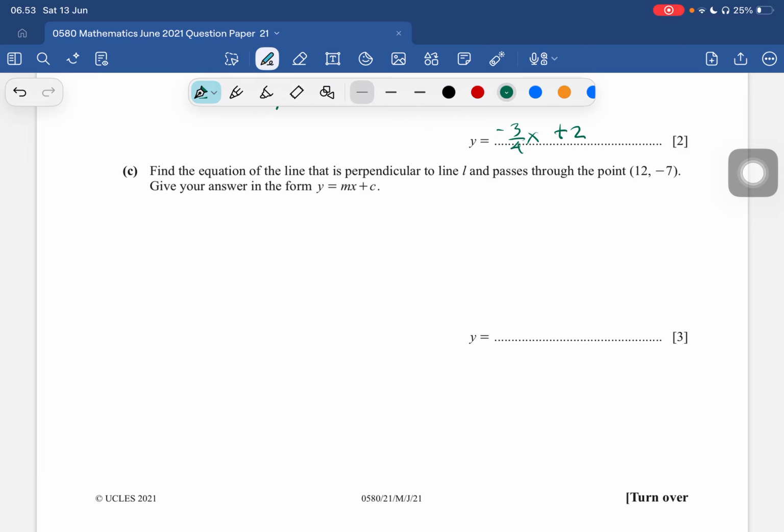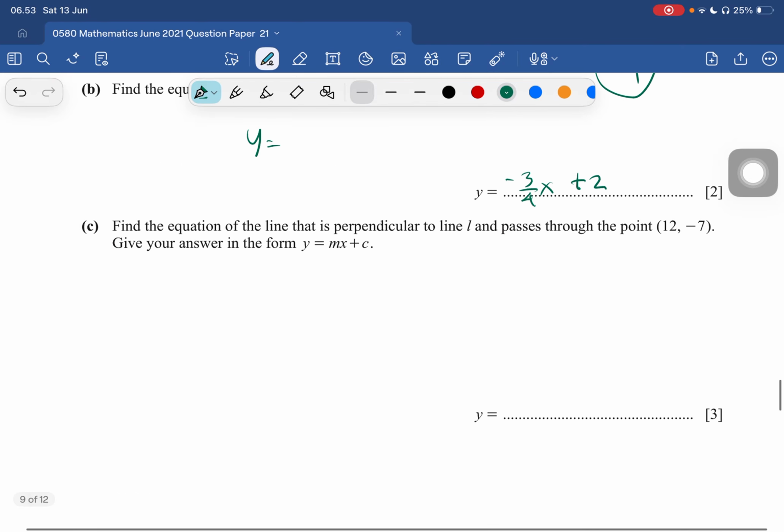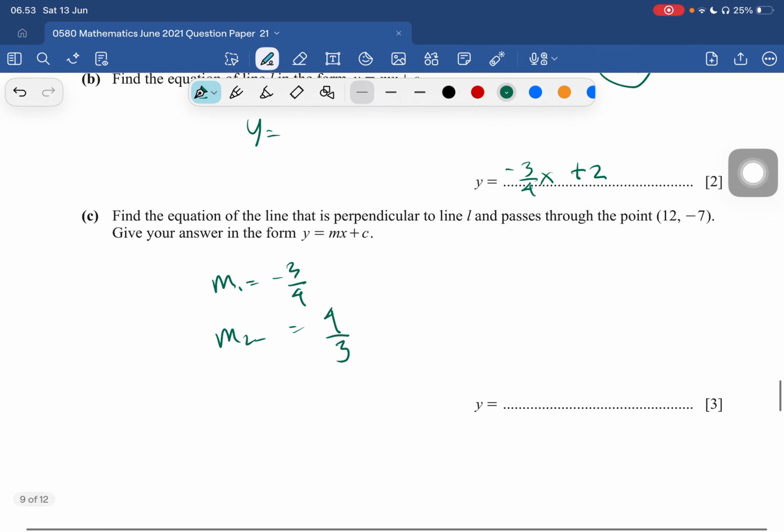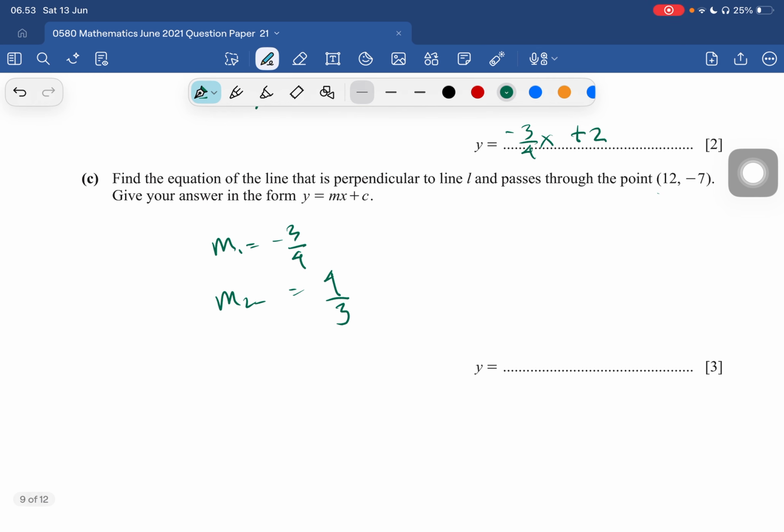Okay, now find the equation of the line that is perpendicular. The first gradient equals negative 3 over 4. For the perpendicular, we flip it, so it's 4 over 3, and change the sign, so it's positive. Here is the point we got. Let's use the gradient formula: the gradient is y minus y1 over x minus x1.